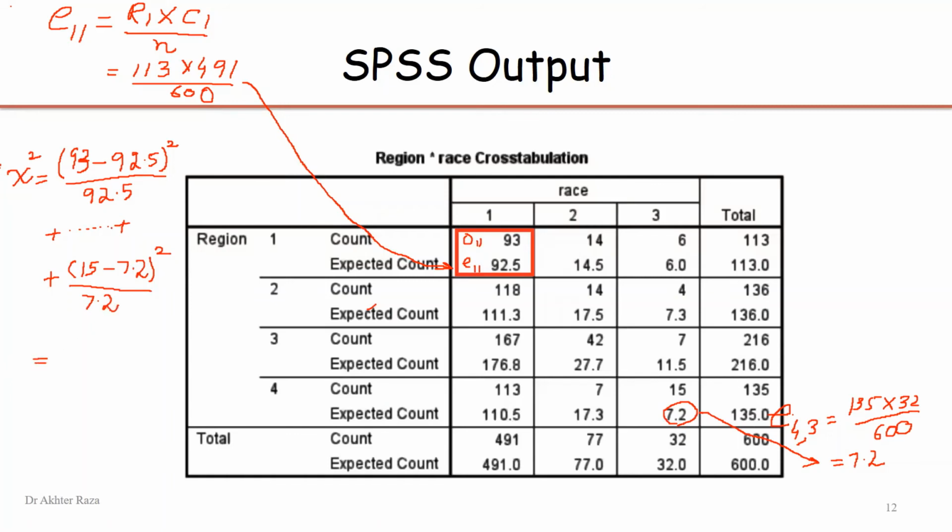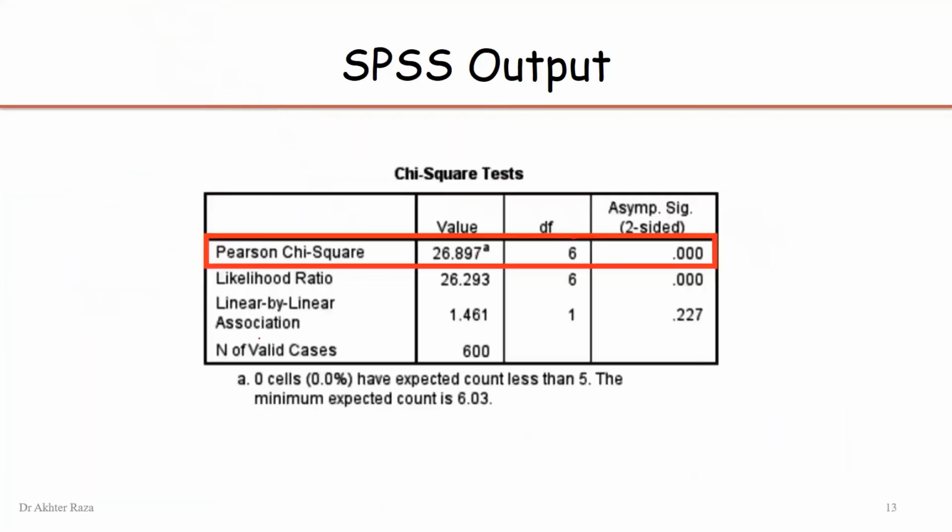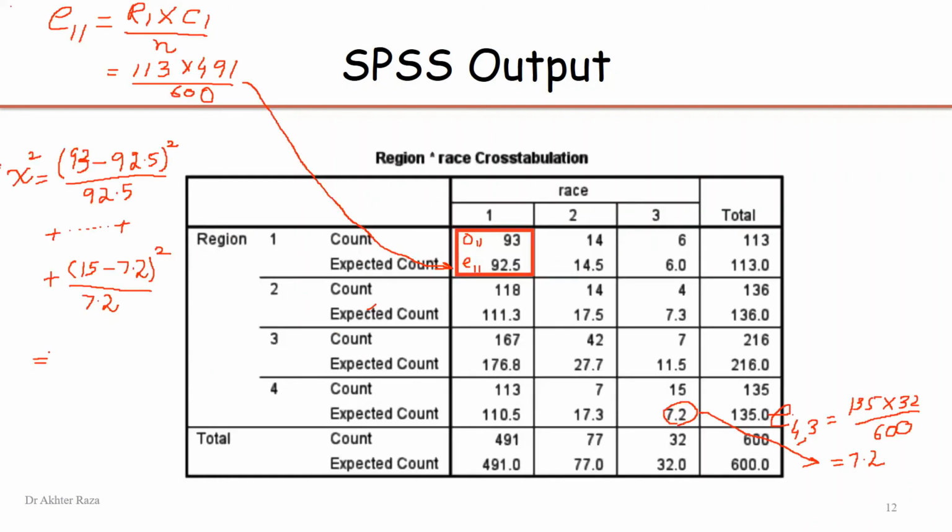If I total all of these numbers, their total will be equal to 26.897. This is the value of the chi-square statistic.